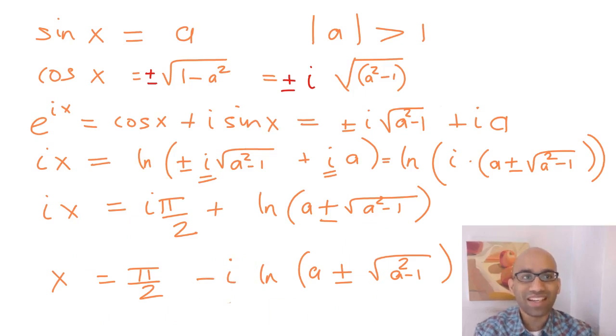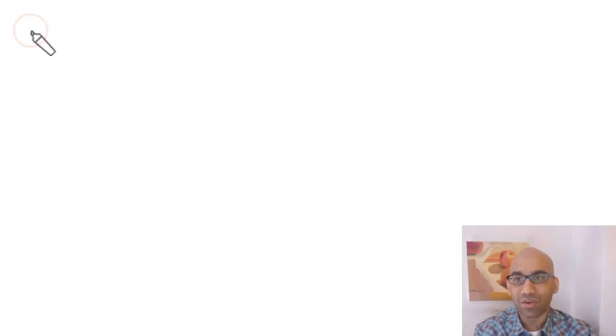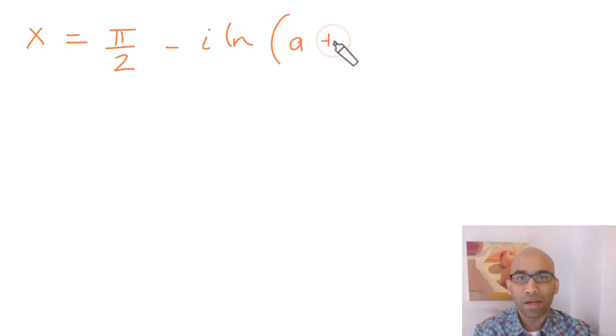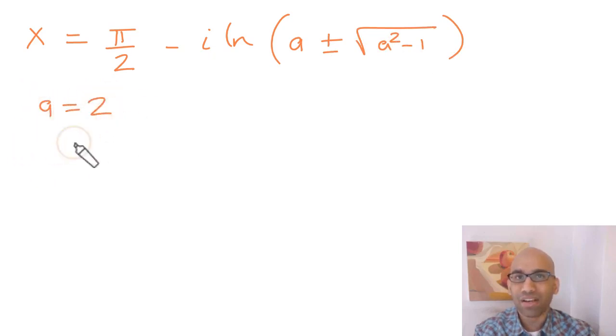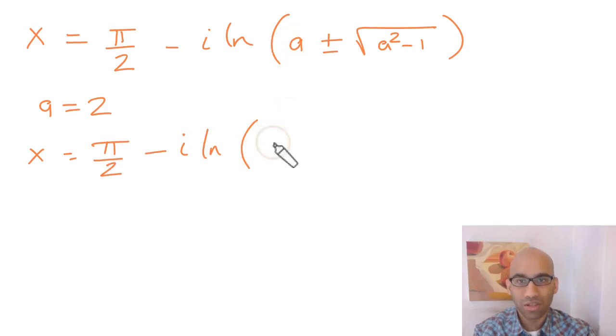This is a fantastic way to find what the value of x will be for any sine of x. So x is equal to pi divided by 2 minus i times log of a plus minus square root of a squared minus 1. Now if we plug in a to be equal to 2 as in the first example, we're going to get x is equal to pi divided by 2 minus i times log of 2 plus minus square root of 2 squared minus 1, which is 3, and that's your answer.